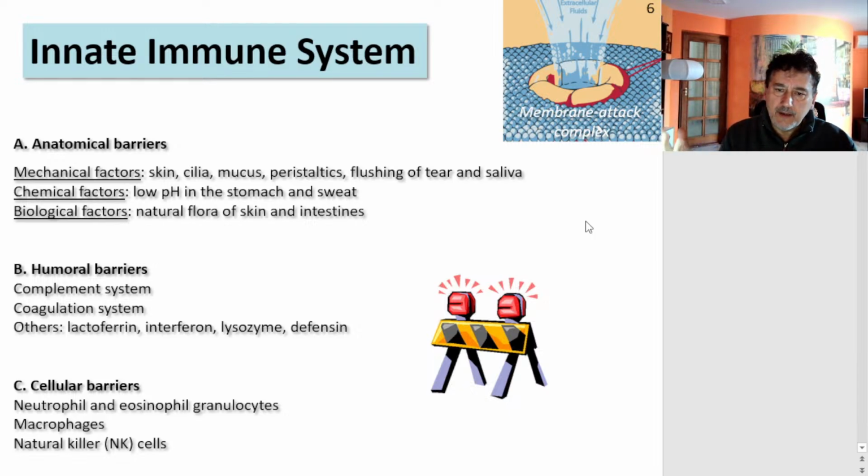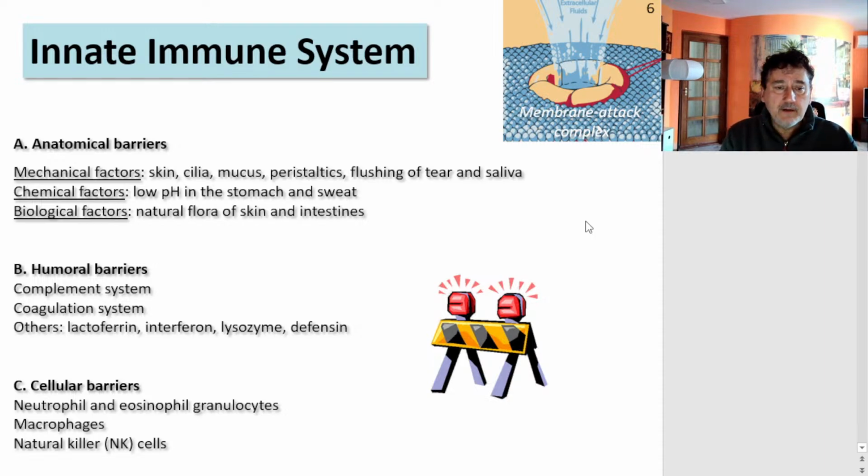Also the flushing of tears and saliva removes bacteria and viruses. The tears and the saliva also represent not only an anatomical barrier, but there are also enzymes inside, for example the lysozyme enzyme, which breaks down the cell wall of the bacteria.